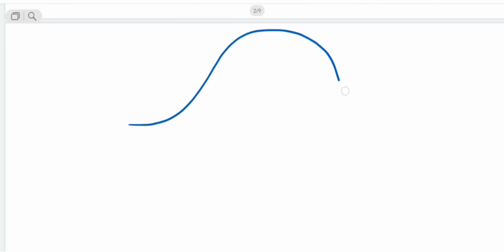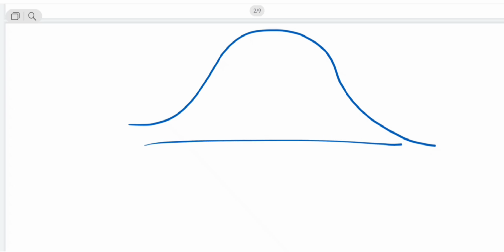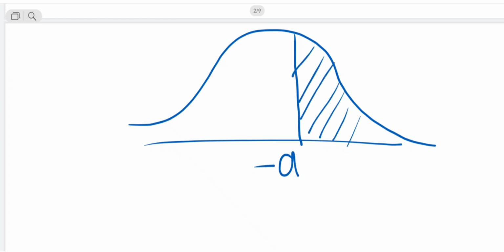Then another possibility: the question can be, for example, that A is negative. They are asking you to find the probability of greater than a negative. A can be, for example, minus 2.34.